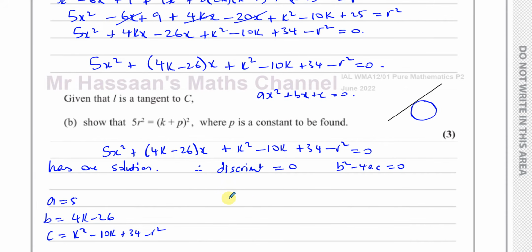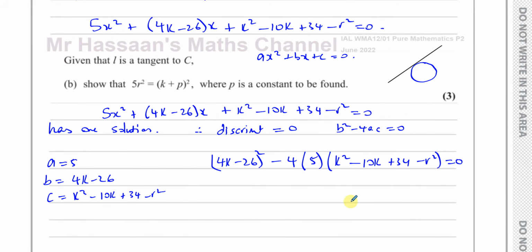So we can say b squared minus 4ac is equal to 0. So 4k minus 26 all squared minus 4 times a, which is 4 times 5, times c, which is k squared minus 10k plus 34 minus r squared, equals 0. So now hopefully this will simplify to something that looks like that, where we've got to find p. This is going to be 4k all squared minus 2 times 4k times 26.